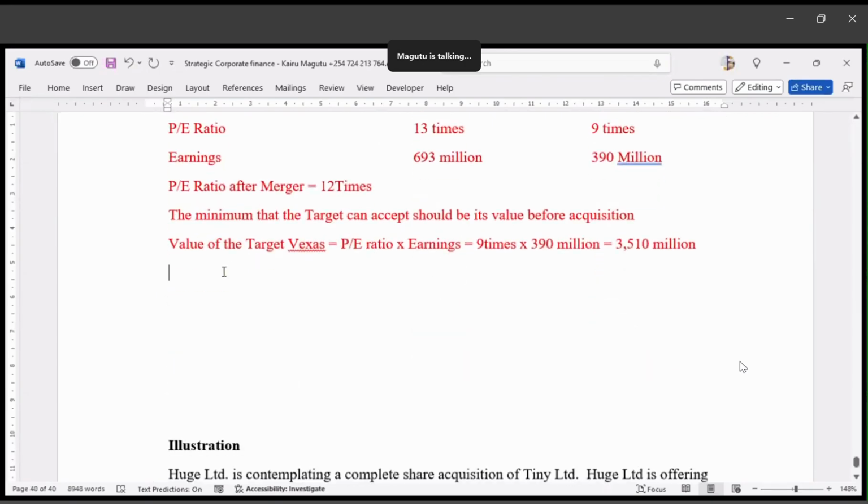So we say that the maximum amount payable by the predator is equal to post-acquisition value minus the predator pre-acquisition value.